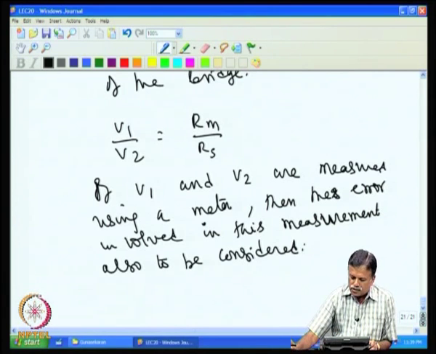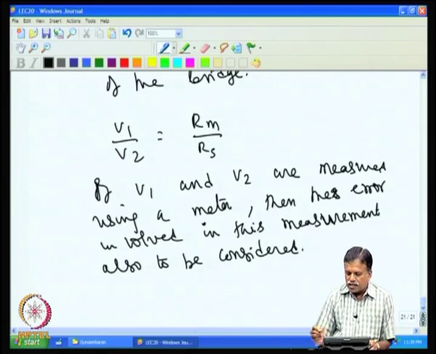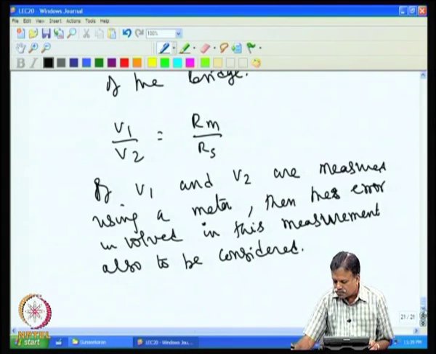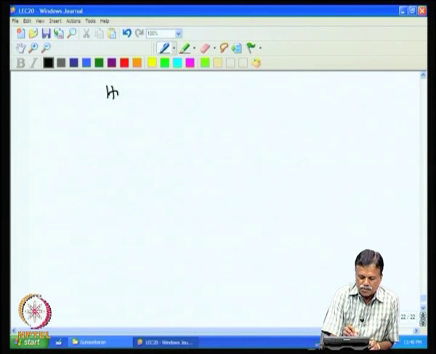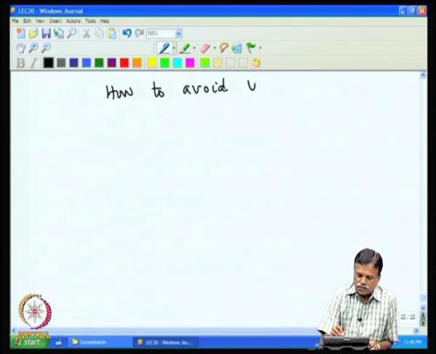So, the measurement of V1 and V2 can be avoided by modifying the transformer. So, next is how to avoid the measurement of V1 and V2.